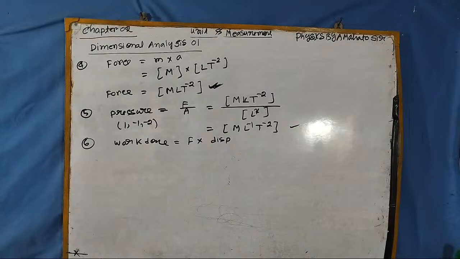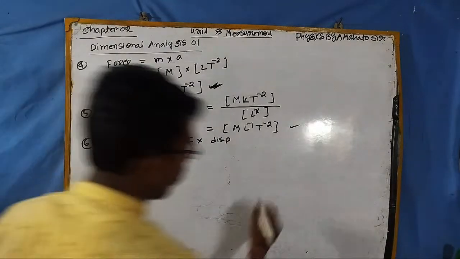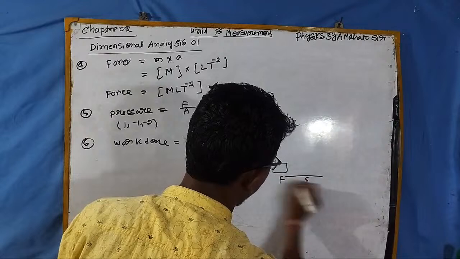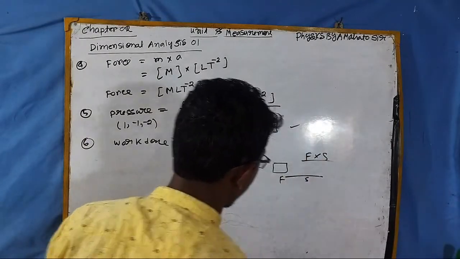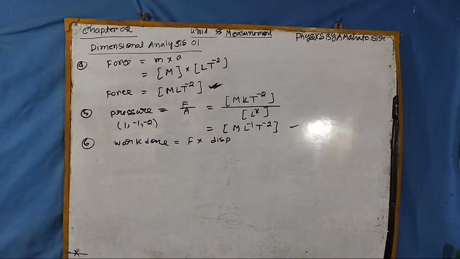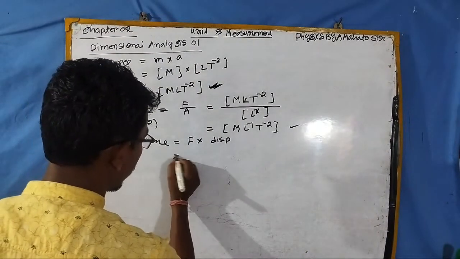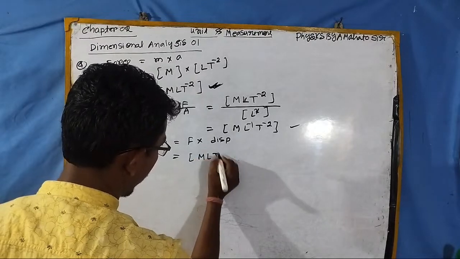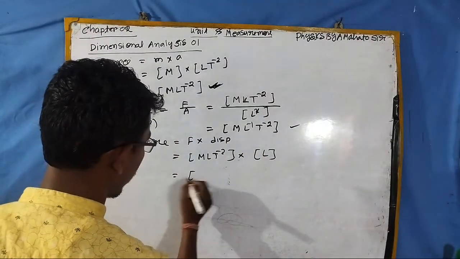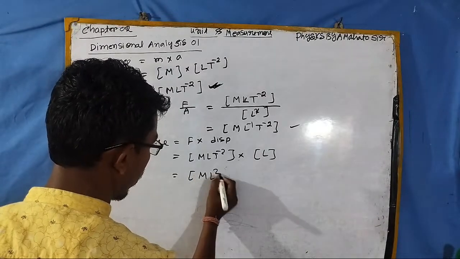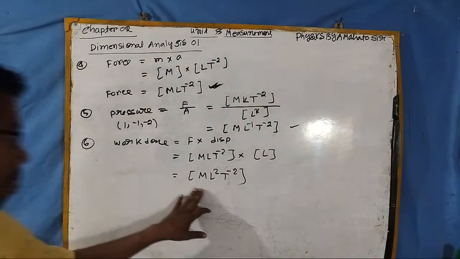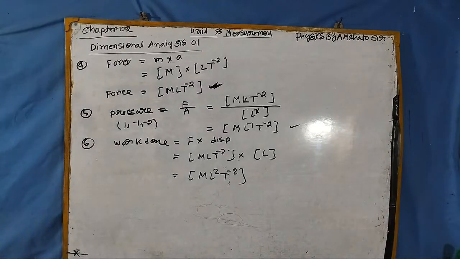Suppose a force F is applied on a body, and the displacement is S, then work done is F into S. Force dimension is MLT^-2 and displacement dimension is L, so the work done dimension is ML^2T^-2. Unit is the same, so dimension is the same.